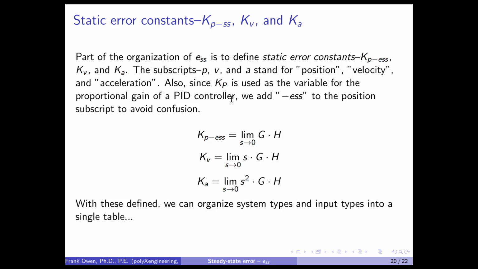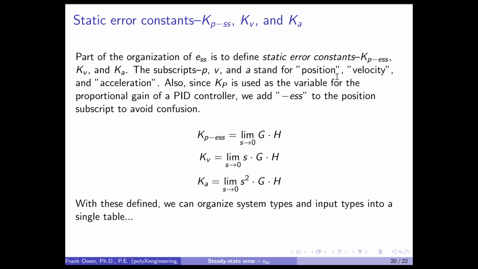There's one problem with the position static error constant. We have a constant called K sub P, which is the proportional gain for a PID controller. And so we've got 2 symbols that are the same for 2 completely different things.